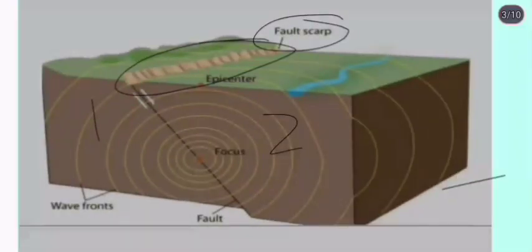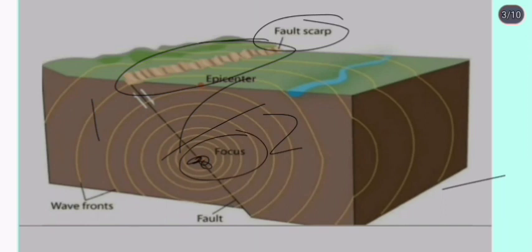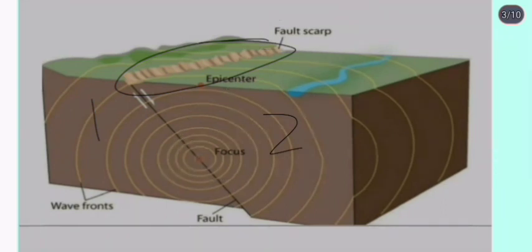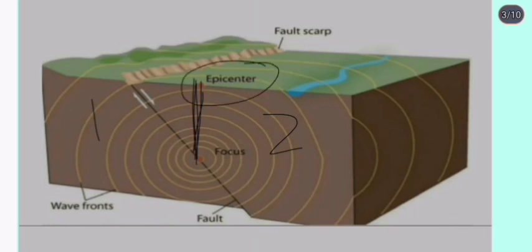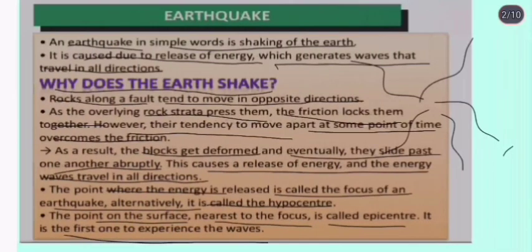In this figure, the point where the energy is released is known as the focus, and the point perpendicular to the focus on the surface is known as the epicenter. The focus is also known as the hypocenter.